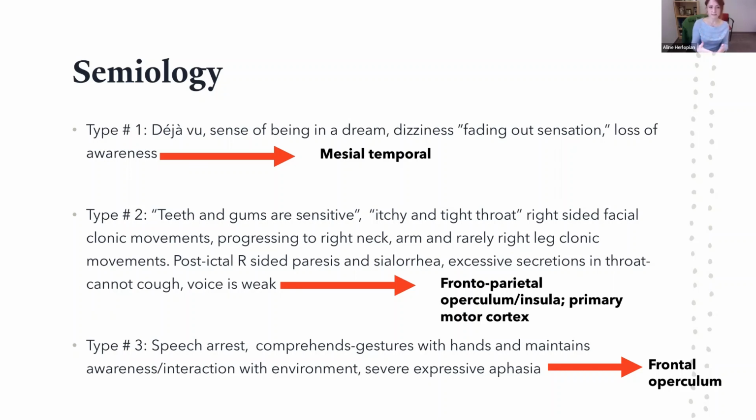Looking at his second seizure type, he reports his teeth and gums are becoming sensitive. The throat is itchy. Then this progresses to right-sided facial clonic movement, goes down to the neck, arm, and finally the leg. Post-ictally, he has right-sided weakness as well as excessive secretion in his throat, and his voice becomes weak.